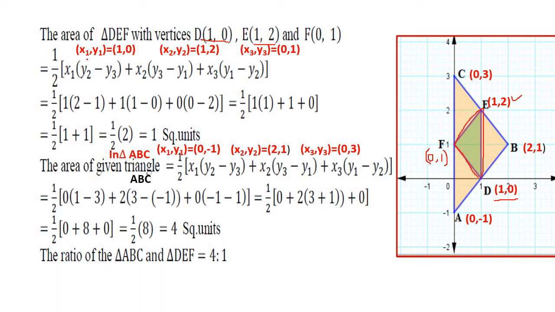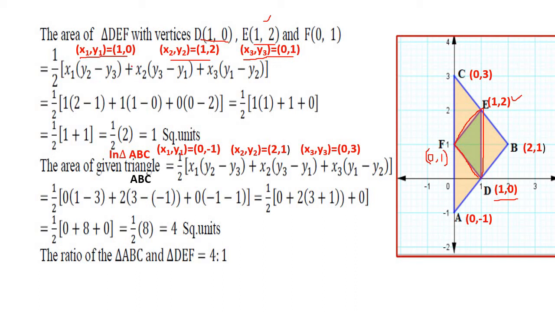Let us take the coordinates x1, y1 as (1, 0), so the coordinates of D are (1, 0). Then x2, y2 are the coordinates of E, and the coordinates of F are taken as x3, y3, which is equal to (0, 1).